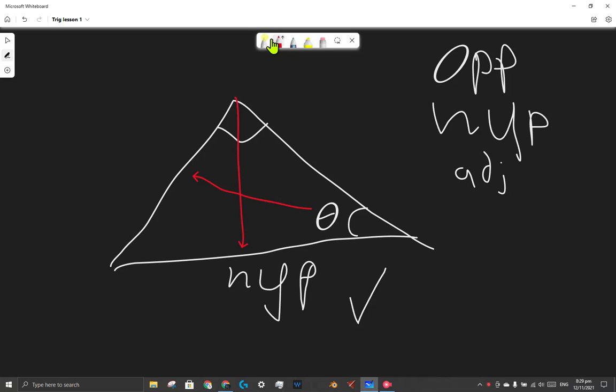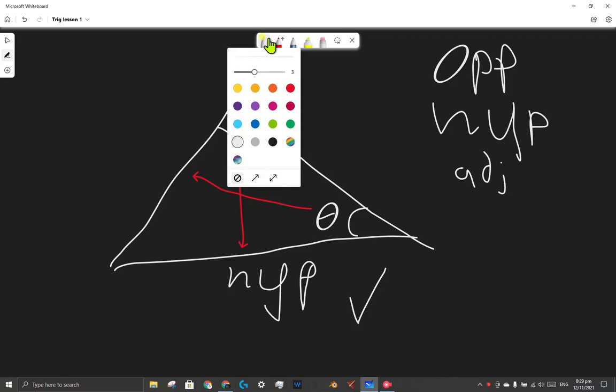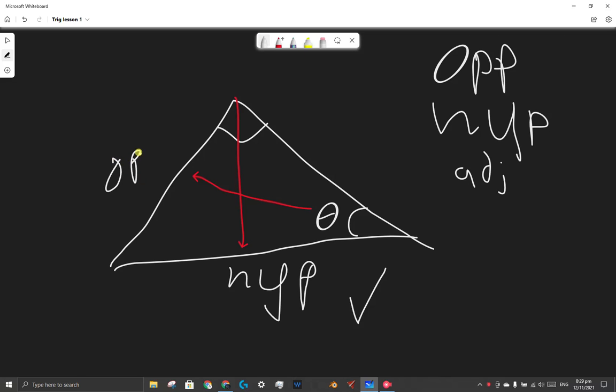Opposite to angle theta, you have the opposite side. If you got that, well done. And then the last one, we have the adjacent side, and that is this here. If you got the adjacent side, well done.